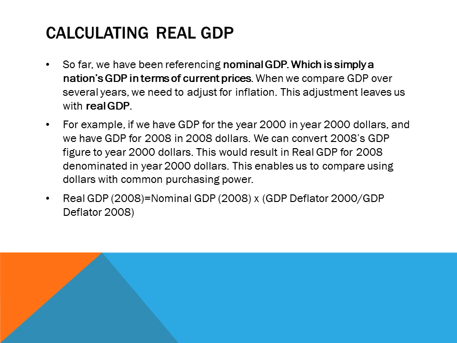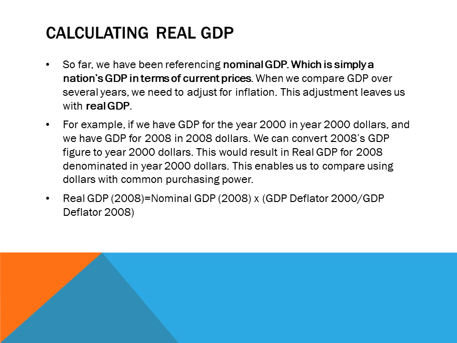For example, if we have GDP for the year 2000 in year 2000 dollars, and we have GDP for 2008 in terms of 2008 dollars, we will need to convert 2008's GDP figure to be in year 2000 dollars. This would result in real GDP for 2008 denominated in year 2000 dollars.